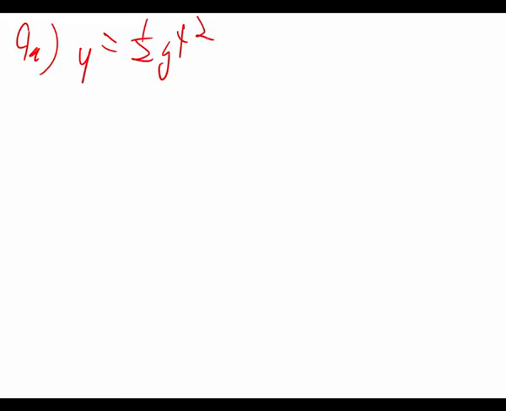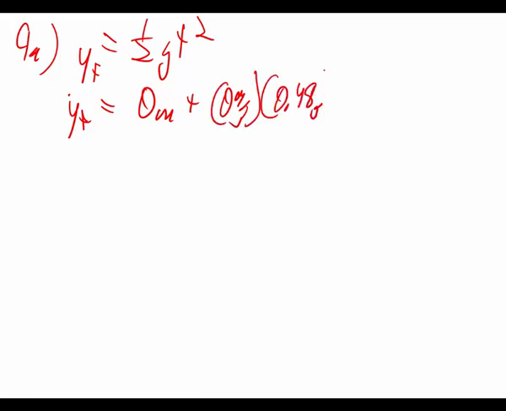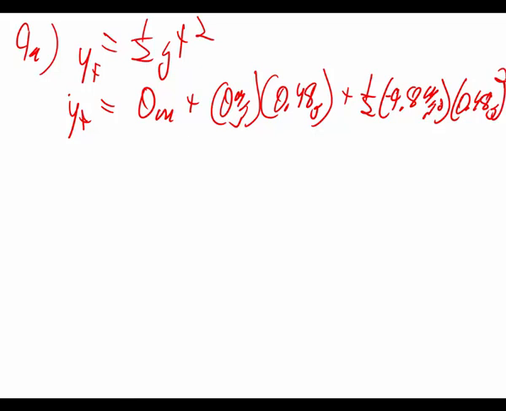And why is that? Because y final, we got 0 meters plus, what was the initial velocity? 0 meters per second times 0.48 seconds plus 1/2, negative 9.8 meters per second squared times 0.48 seconds squared.